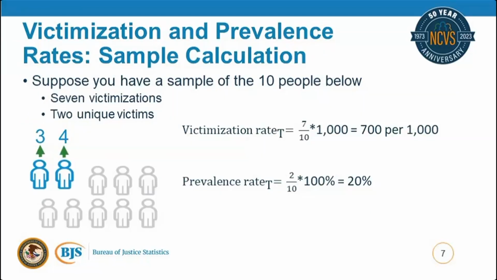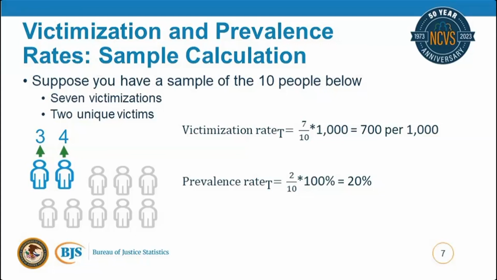Let's compare calculations for victimization and prevalence using the same information. Say we have a population of 10 people as pictured on the slide. Person 1 has experienced 3 violent victimizations. Person 2 has experienced 4 violent victimizations. The other 8 people have not experienced any victimization.